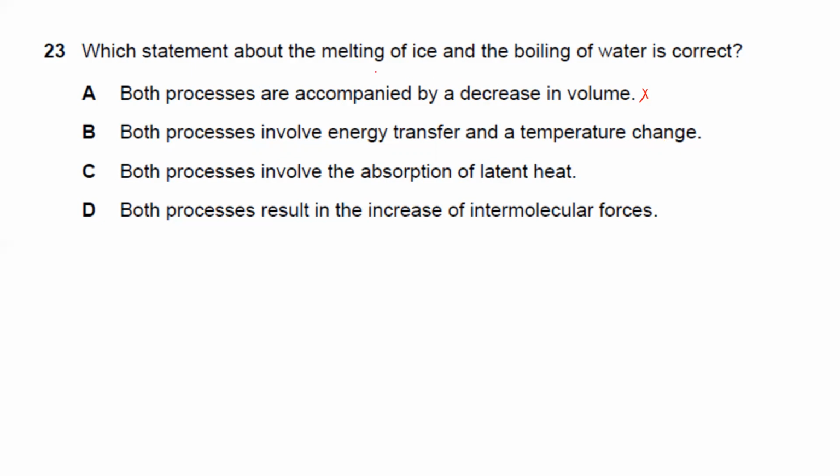So during melting of ice and boiling of water, melting of ice happens at 0 degrees C, and boiling of water at 100 degrees C. No temperature change happens. Energy transfer happens, yes. State change means energy transfer is happening, but no temperature change.